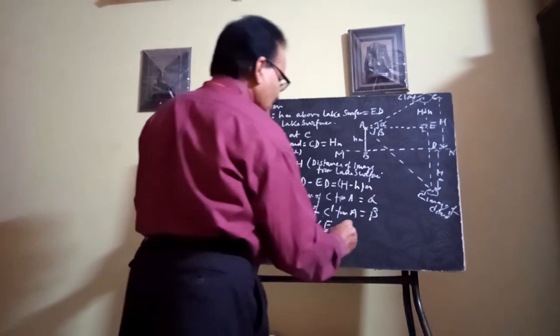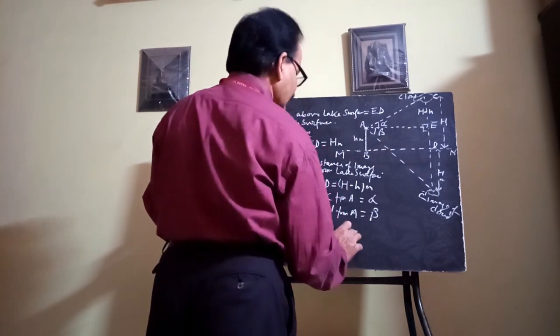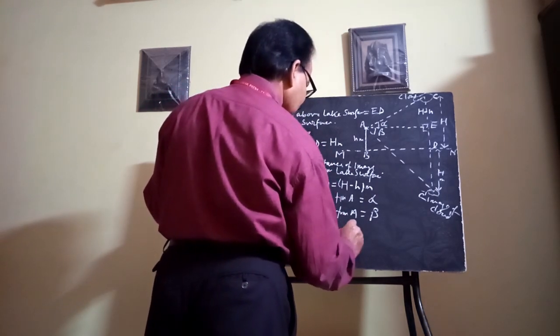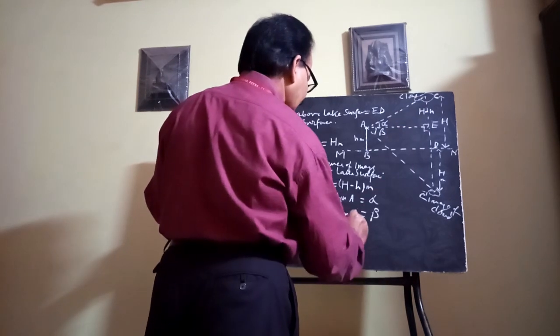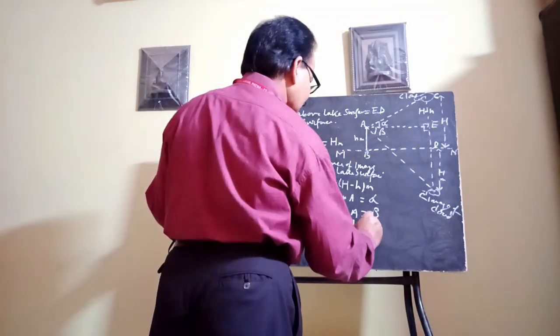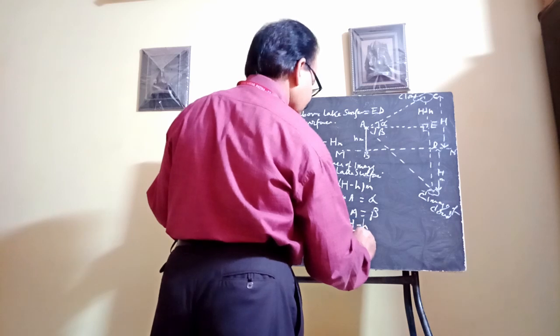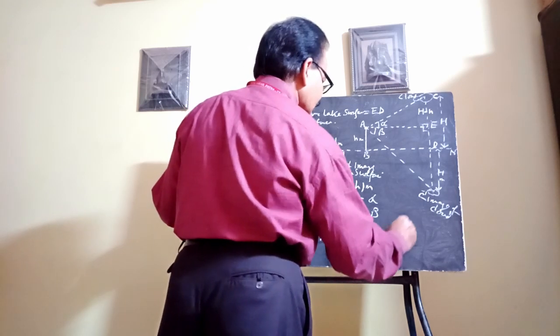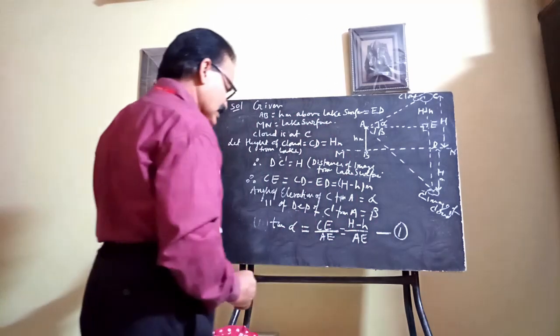This is the value of your tan alpha, and CE equals capital H minus small h, by AE. Okay, so you take it as your equation 1.